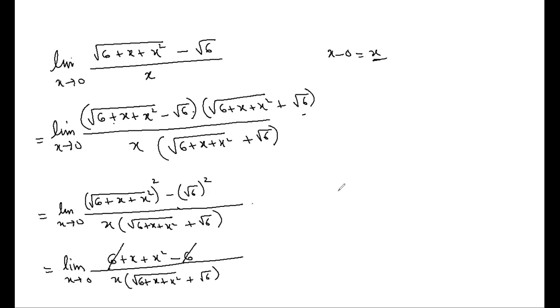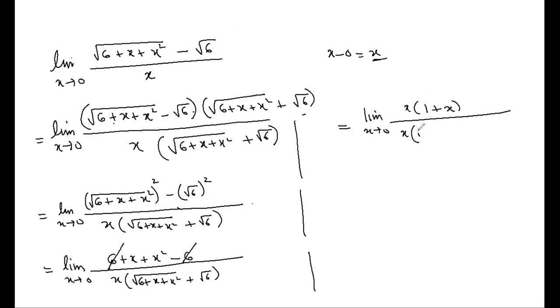Remember, my common factor should be x. So I'm taking x common. So 1 plus x. Don't copy from the board. You must work it out yourself, and then check with the board. If you're copying from the board, it means you're too big. So we got the common factor.